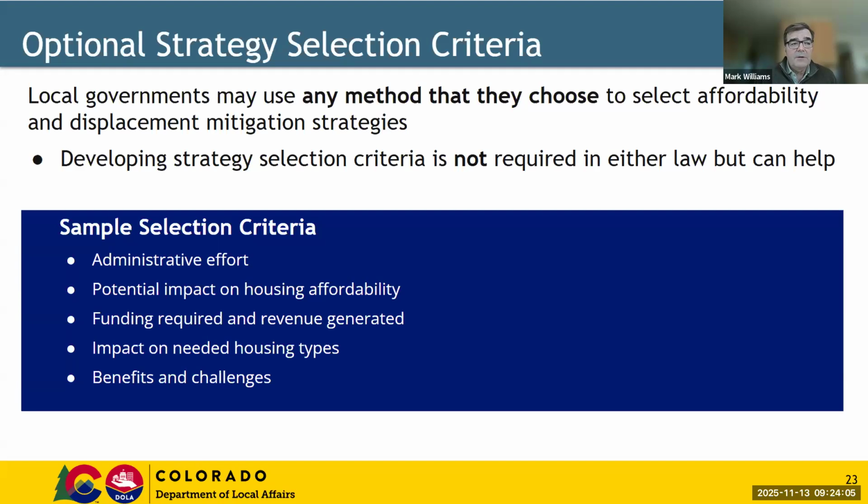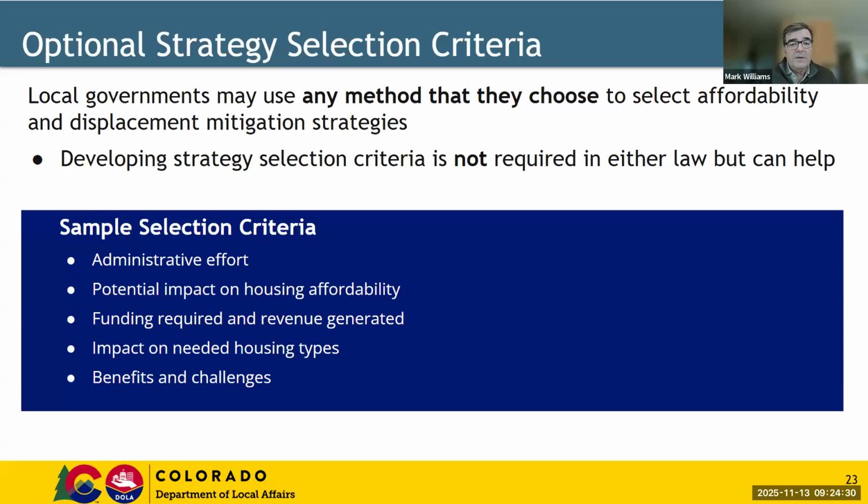Administrative effort. This could be really important for smaller places that need to do a housing action plan. Many of these places that are required to do HAPs are smaller, and so they have more limited staff. And so there's a greater impact on the staff that is there. One thing is kind of the bottom line: what is the potential impact on housing affordability?